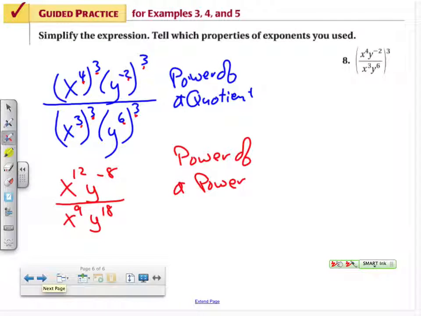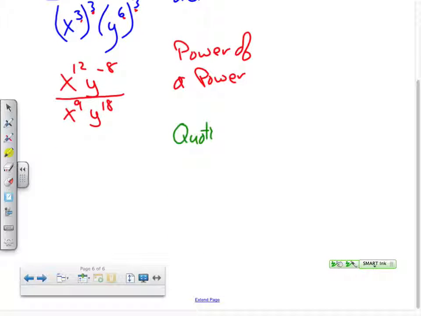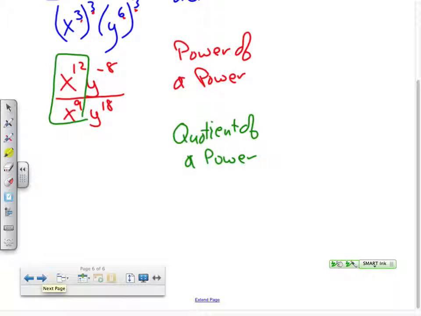And here now we have division with powers. That's a quotient of powers. And for quotient of powers, we subtract. Take these two together and subtract. 12 minus 9 is 3.